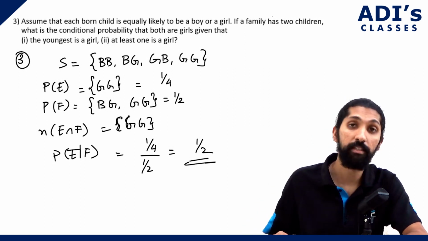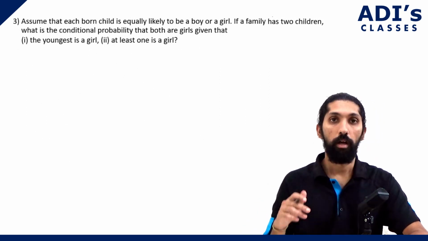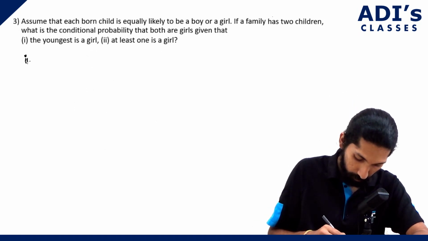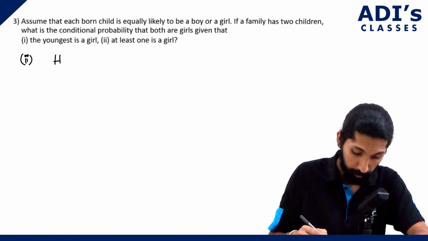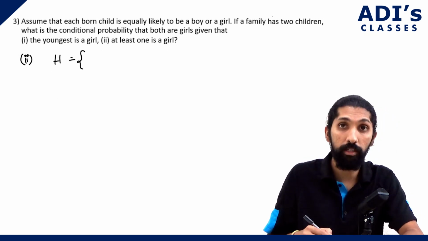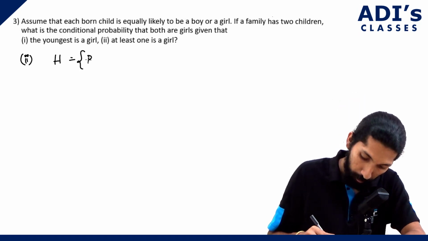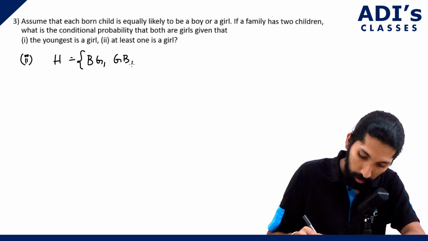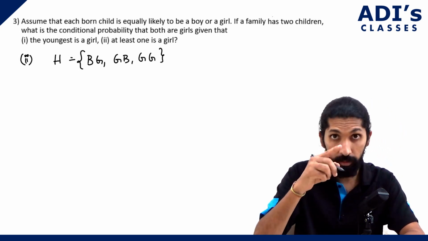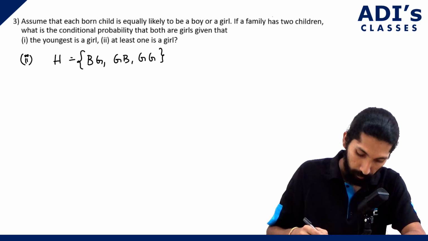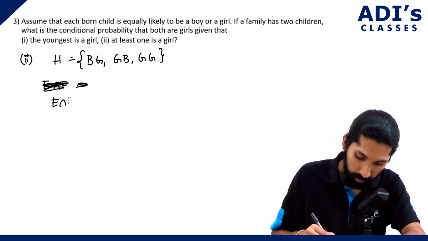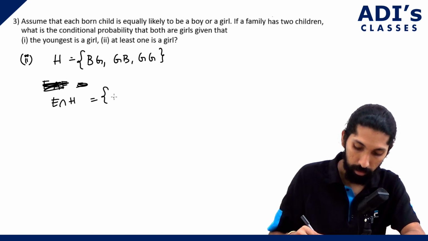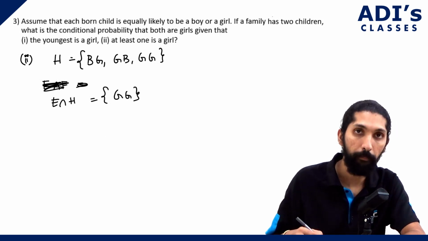That is, at least one is a girl, right? See, for the second one, let's say this is another event H. At least one is a girl, correct? So we can have boy girl, girl boy, or girl girl. E intersection H is going to be just GG, correct?